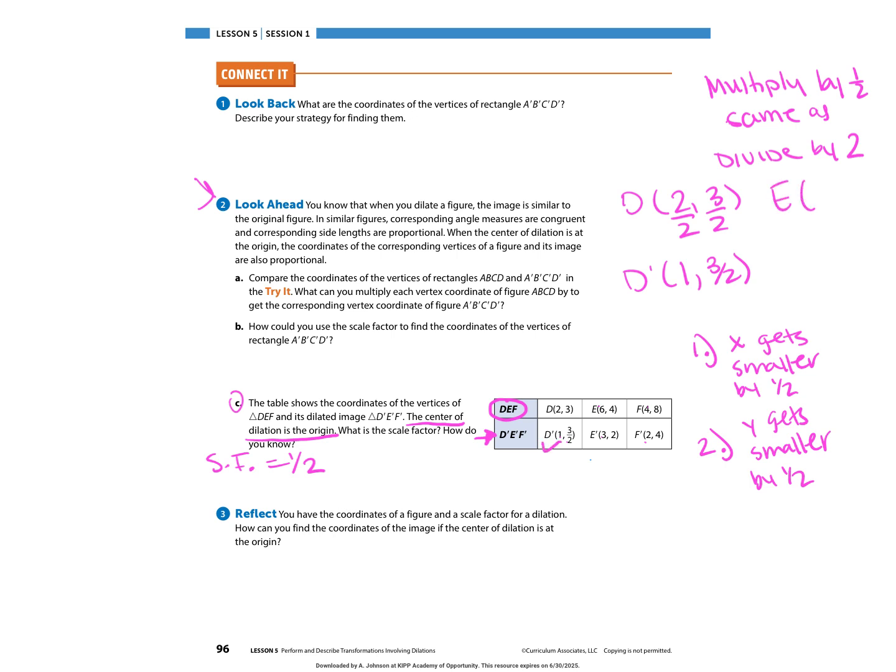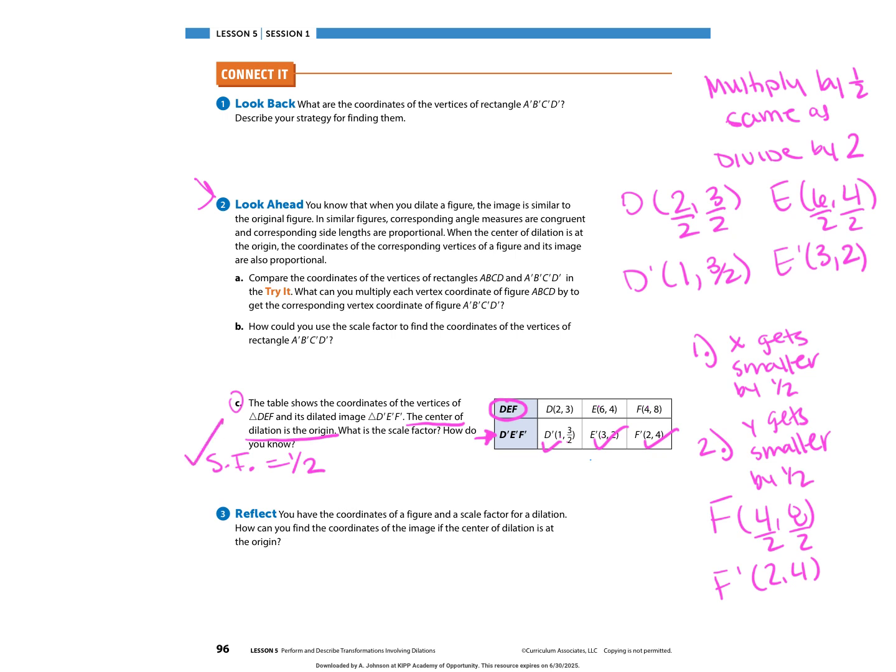E. 6, 4 divided by 2, divided by 2. 6 divided by 2 is 3. 4 divided by 2 is 2. That one works out. I have to come down here because I write so darn big. 4, 8 divided by 2 gives me 2, 4. They all worked out. That means my scale factor is indeed 1/2.